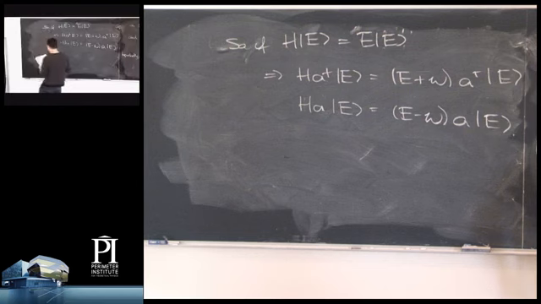So spectrum bounded below implies that there exists a ground state, which is defined by the fact that it's annihilated by the annihilation operator.